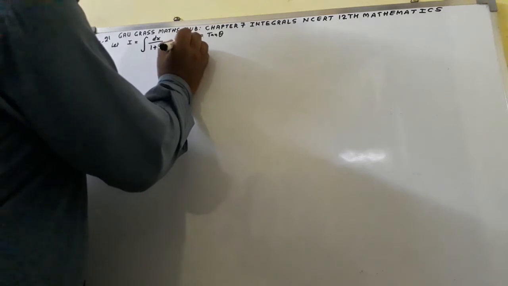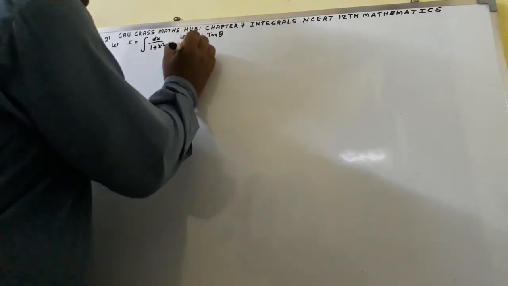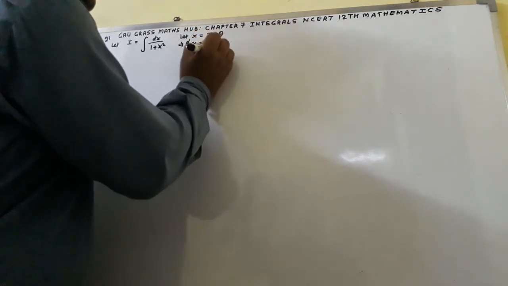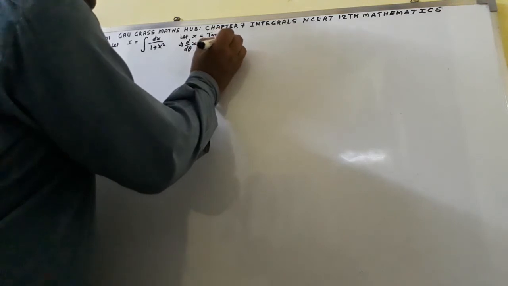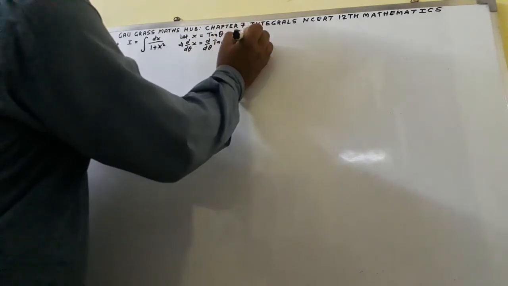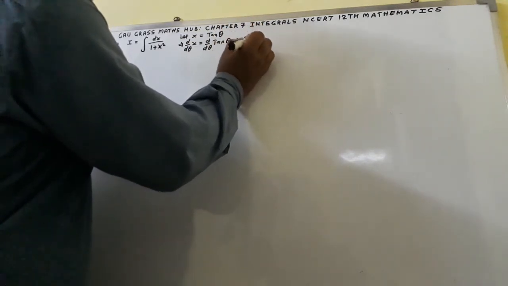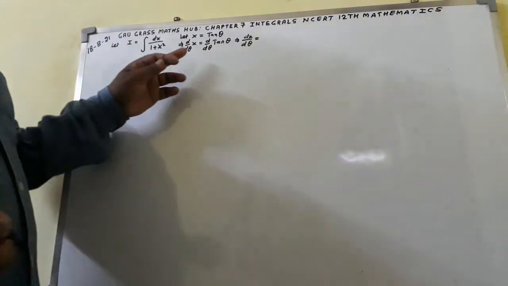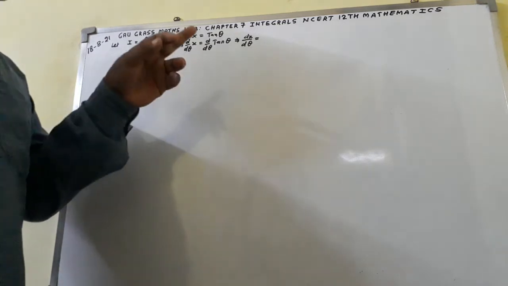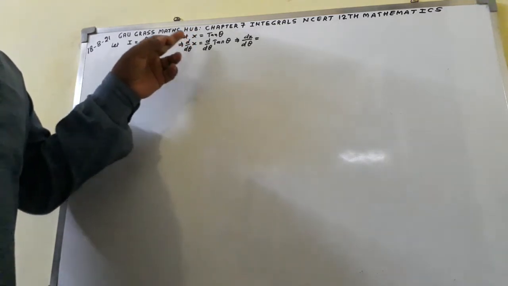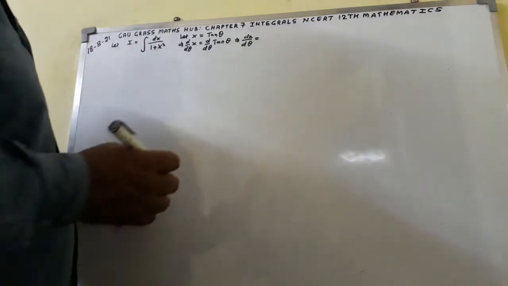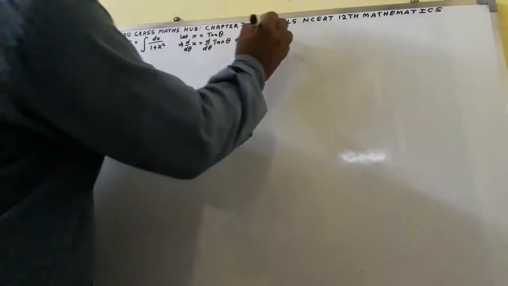Then d over d theta of x equals d over d theta of tan theta, so dx over d theta equals d over d theta of tan theta, which comes out to be sec square theta.